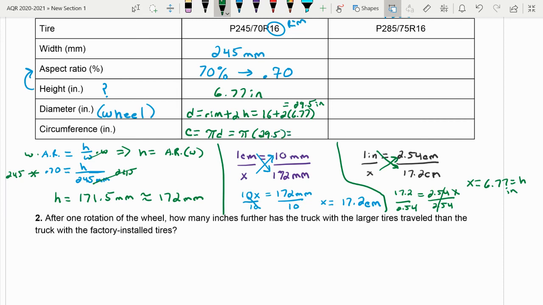So 3.14 times 29.5, and I'm going to get 92.63. There's a lot of tolerance here because of the rounding, about 91 to 93 inches. So it just depends on how you round.